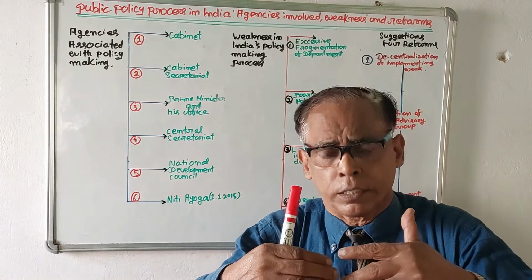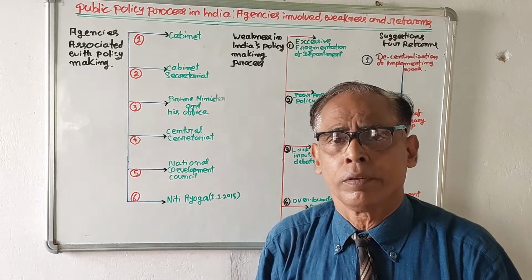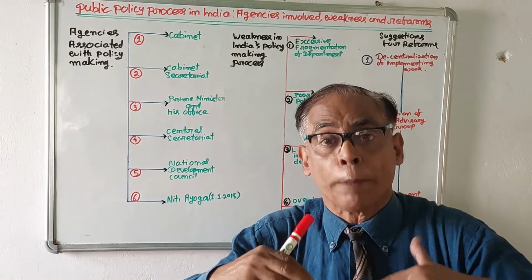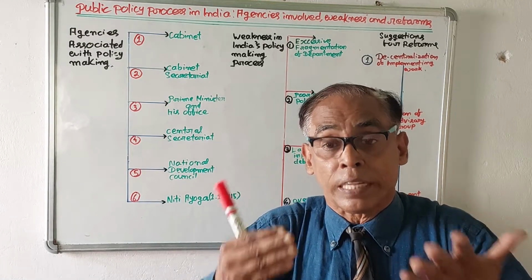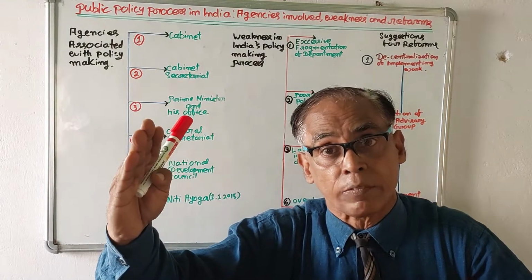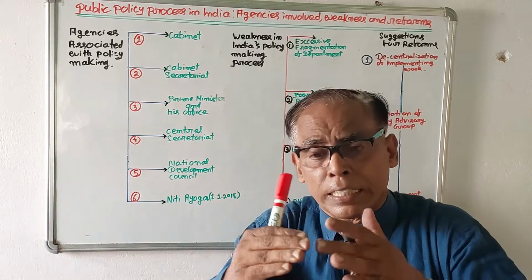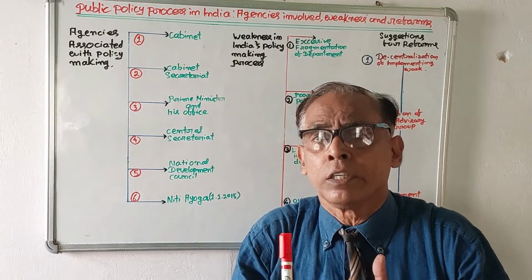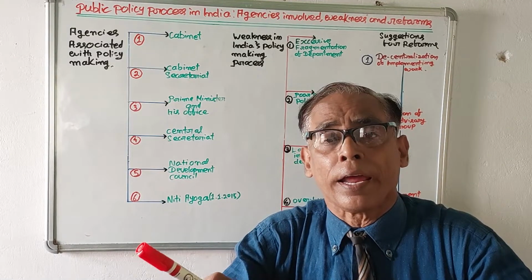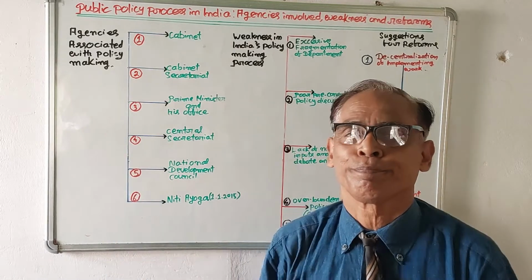It refers every matter to the cabinet for discussion. So whenever any public policy has to be prepared, the Cabinet Secretariat refers that public policy to the cabinet for discussion. And it is the duty of the Cabinet Secretariat to supply different information regarding public policy to the cabinet.